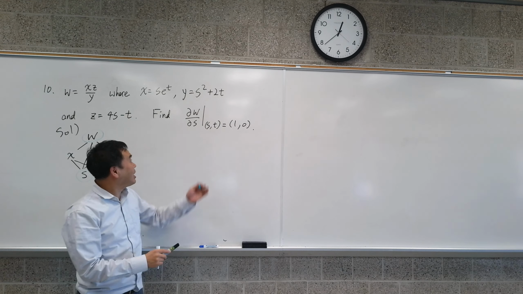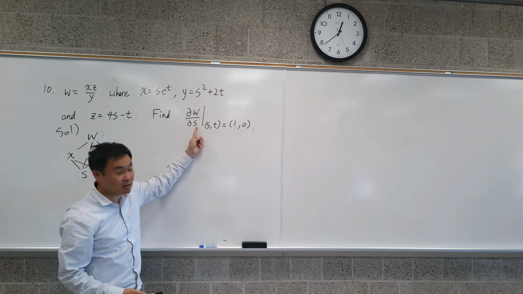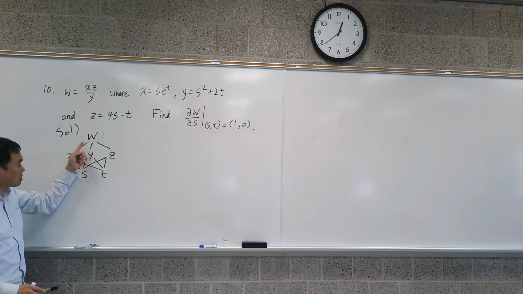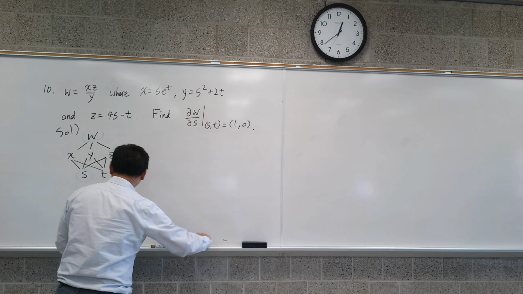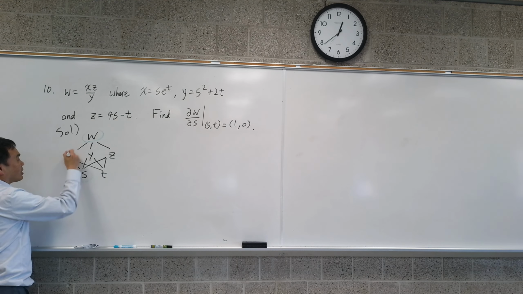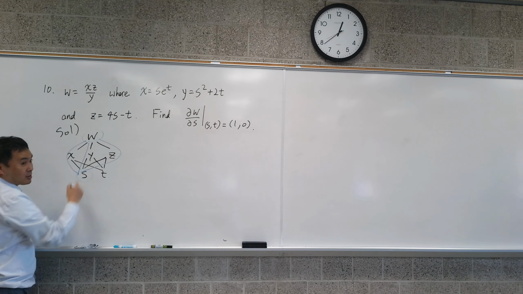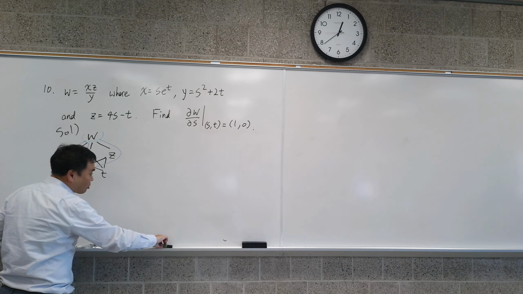It looks at how much this quantity W changes when you change S. So you look at different pathways that change of S can bring to change of W, and we see that there's one pathway that goes through X, another one that goes through Y, another one that goes through Z. And we have to figure out the rate of changes going through each one of them.